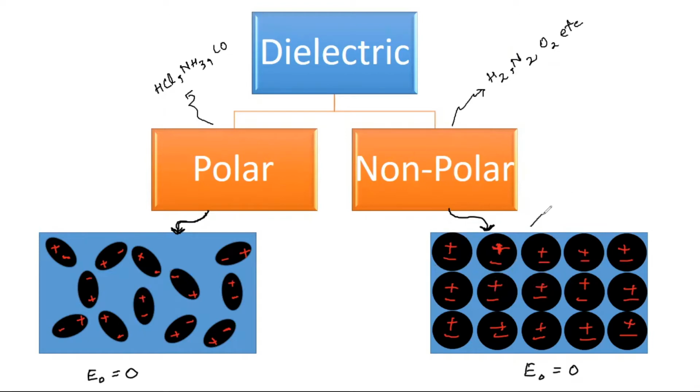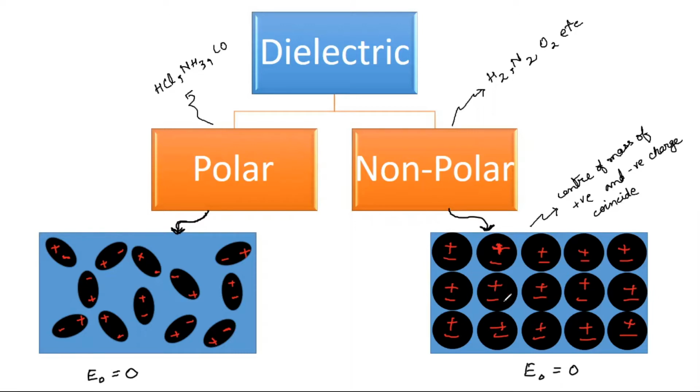So here, what we have observed is that the center of mass of positive and negative charge coincides, right?